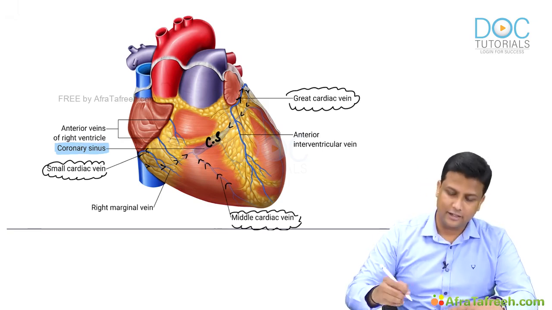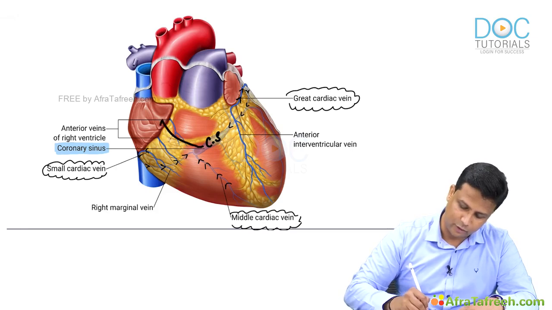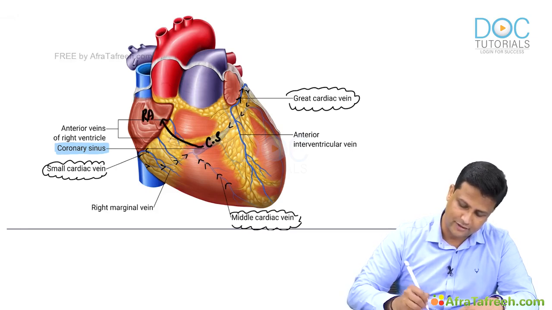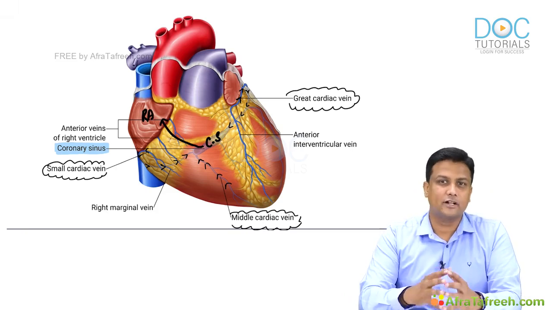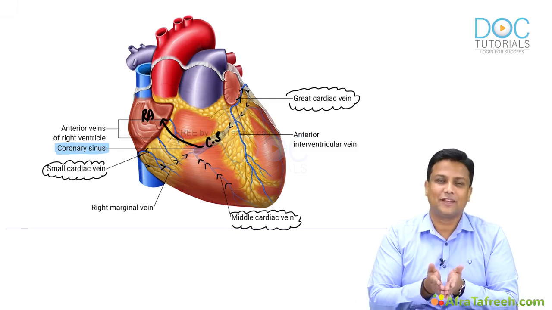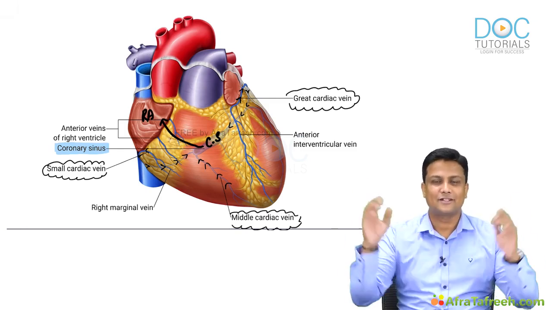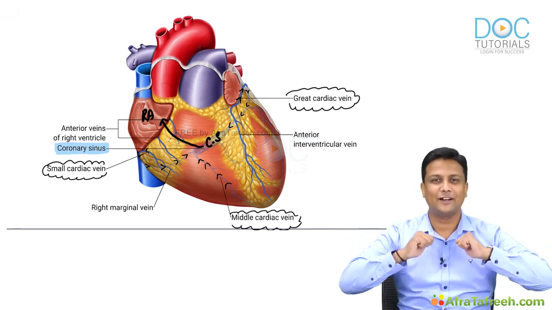Now after the blood is collected in the coronary sinus, from here it will drain the blood into which chamber of the heart? Of course, inside the right atrium. Sir, we all know all the impure, deoxygenated blood is collected into which chamber of the heart? Right atrium. So from today onwards you remember like this, guys: from the upper half of the body, blood is collected by the superior vena cava into the right atrium.